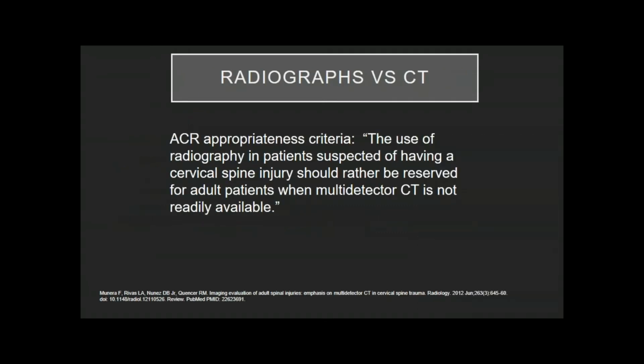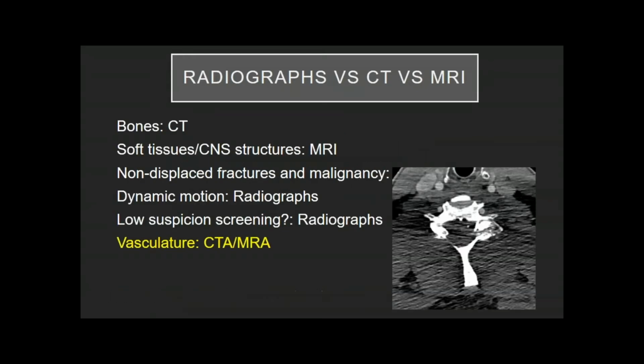So what does the ACR say about this? They say that a patient suspected of having the injury can get a radiograph if multi-detector CT is not readily available. So you can use it if you don't have access to a CT. But again, CT is much more sensitive for finding fractures than radiographs.